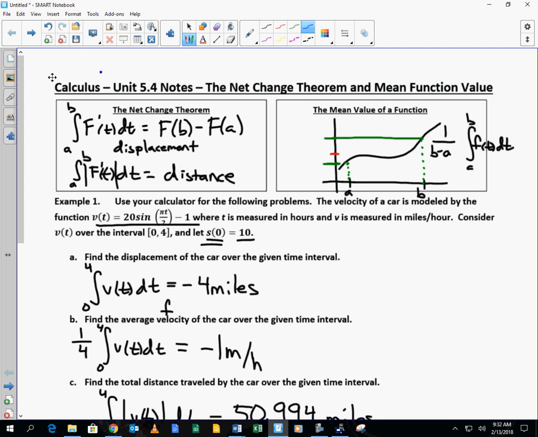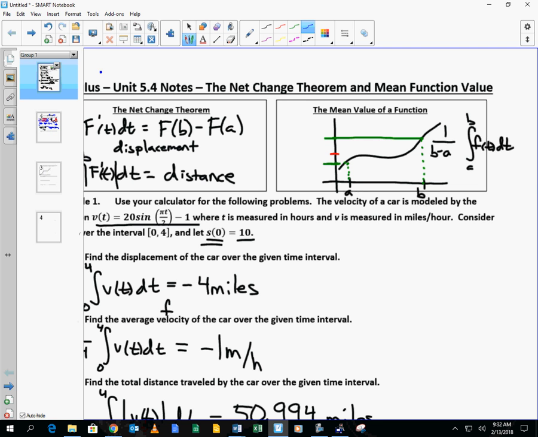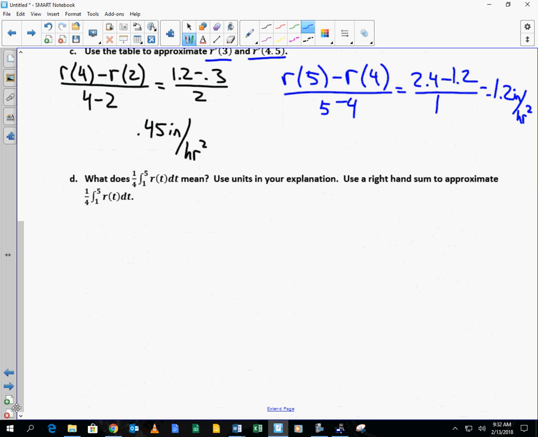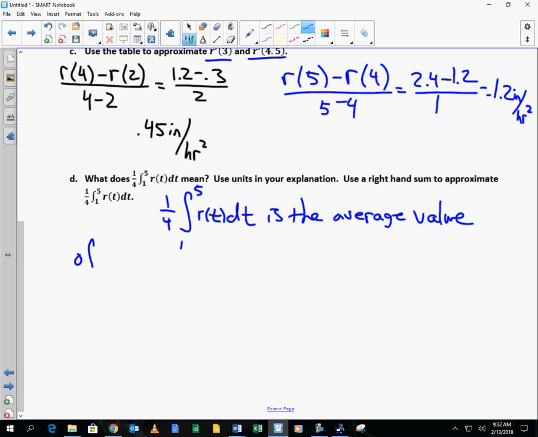It tells us the rate. So the function tells us the rate. So this will give us the average value of the rate at which the snow is falling.